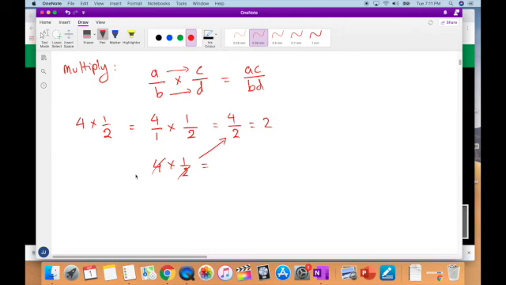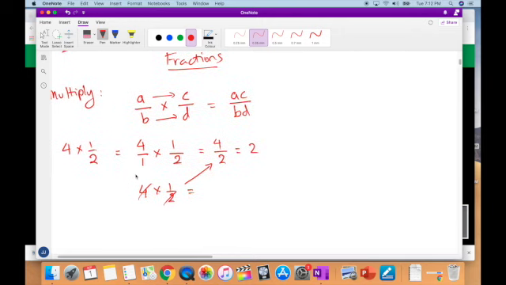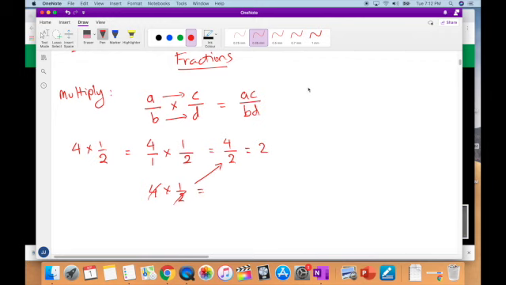Another thing about fractions, when you're dividing a fraction, where's the rule for when you're dividing fractions? So if I have a over b divided by c over d, what do you do here?